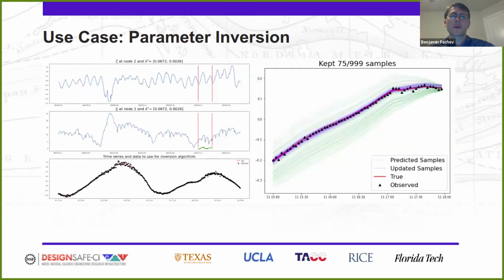And here are some of the results that we had. What this is showing is the observed data. Zeta stands for water elevation. So we were just looking at the water elevation time series at a single output node.